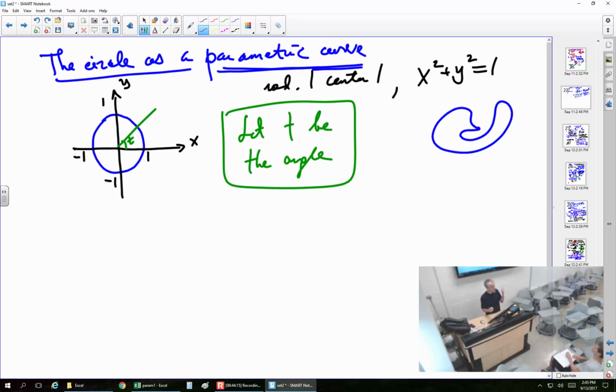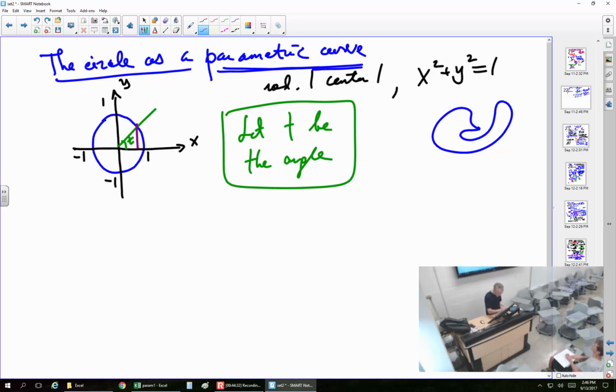How do trig functions appear from this picture? X is cosine t, that's right.